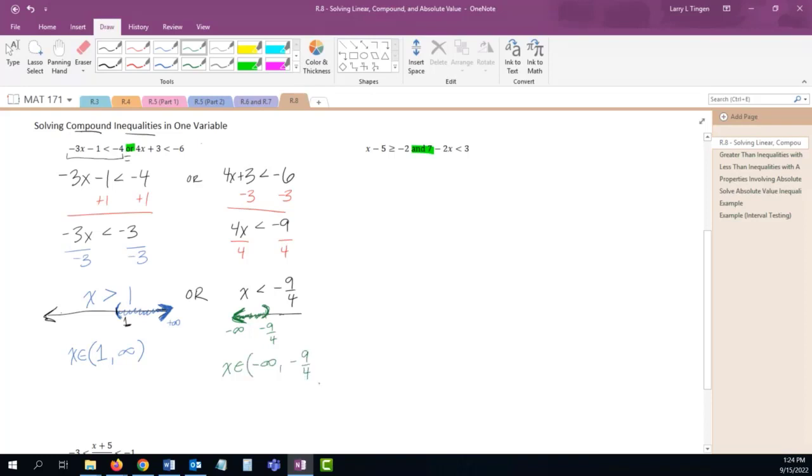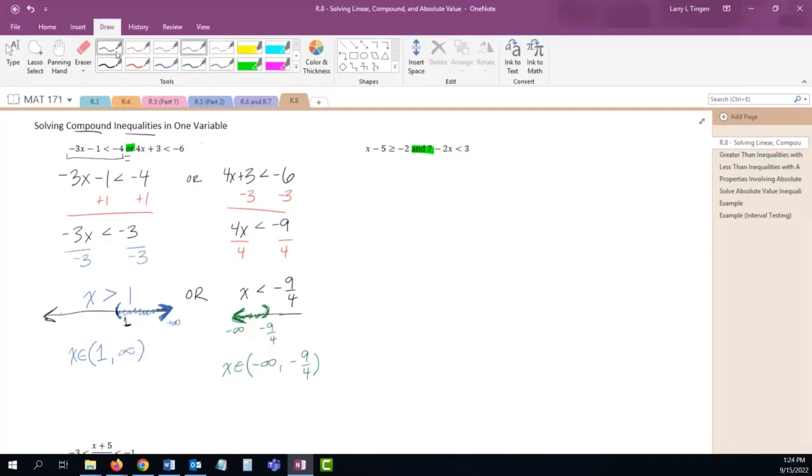Okay, I do not include infinities ever. So that always gets a parenthesis, and then the negative 9/4 gets a parenthesis as well. Okay, so this is the interval notation solutions.